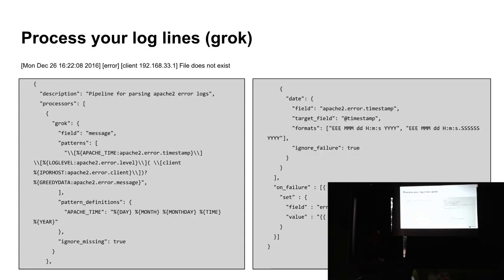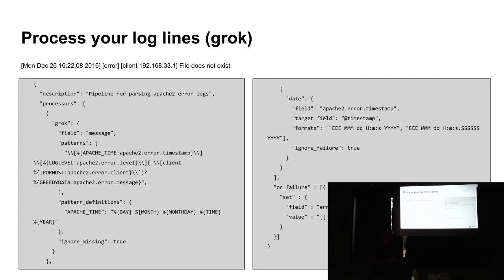Unfortunately, there are more complicated messages, like this example from an Apache error message. You normally define how the log looks, or the library you use does. But you have an IP address in there, you have a time in there, and there grok comes to the rescue. Anyone heard of grok?